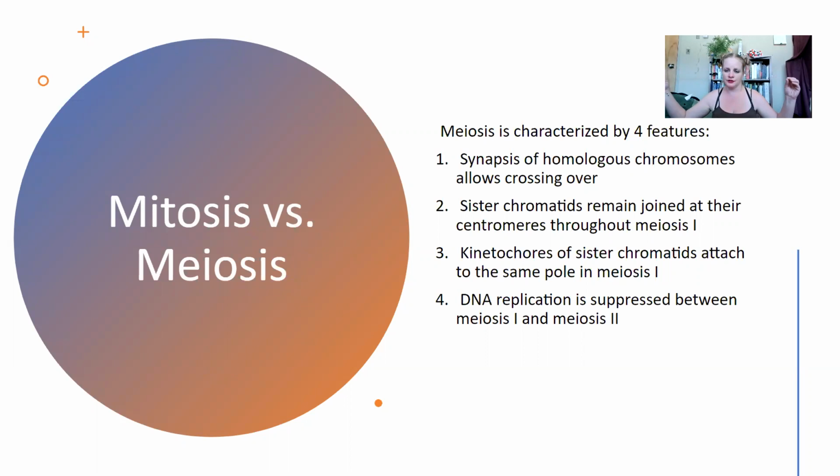In anaphase 2, we start to see the sister chromatids being pulled apart. Our cores of sister chromatids attach at the same poles so that we get the right number of chromosomes in the right cells. And we do not see DNA replication between meiosis 1 and 2. Those are the takeaways there.